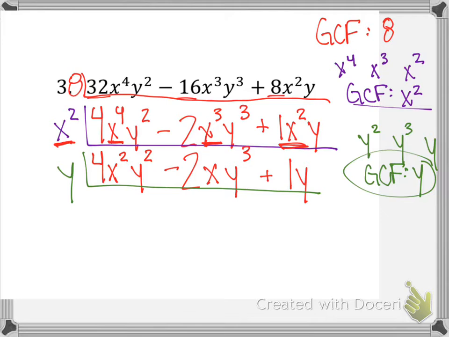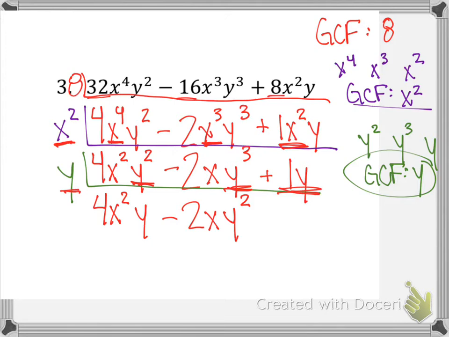So when I divide everything by y, I'm only dealing with the y's. I'm subtracting 1 from each of my y's. So my answer here, 4x to the second stays the same, but y to the second divided by y gives me just plain old y. Minus 2x stays the same. y to the third divided by y gives me y to the second power.